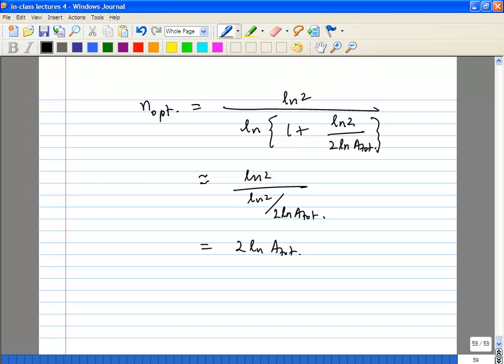Now you want to find out the optimum gain per stage. Let's call it A opt. It is nothing but A tot whole power 1 over n naught. Again we'll rewrite it like this.